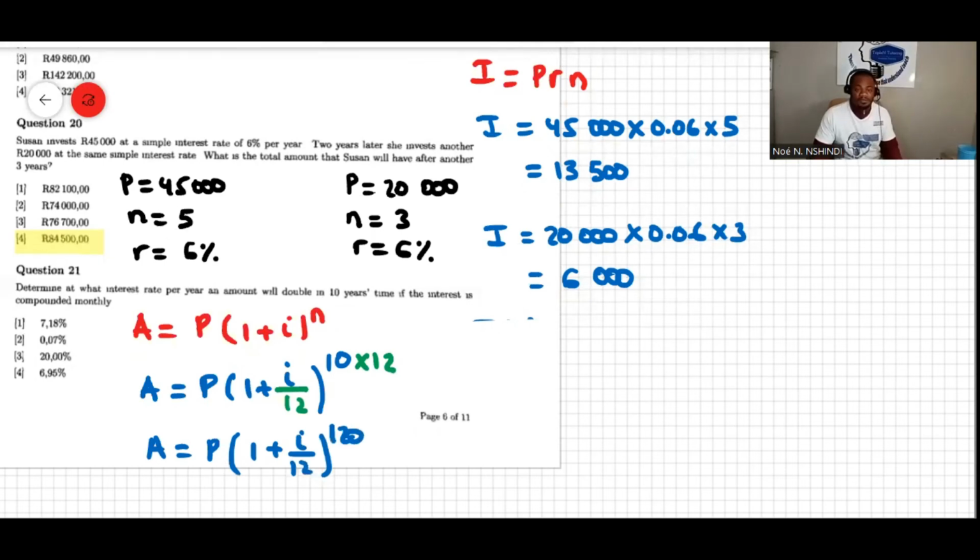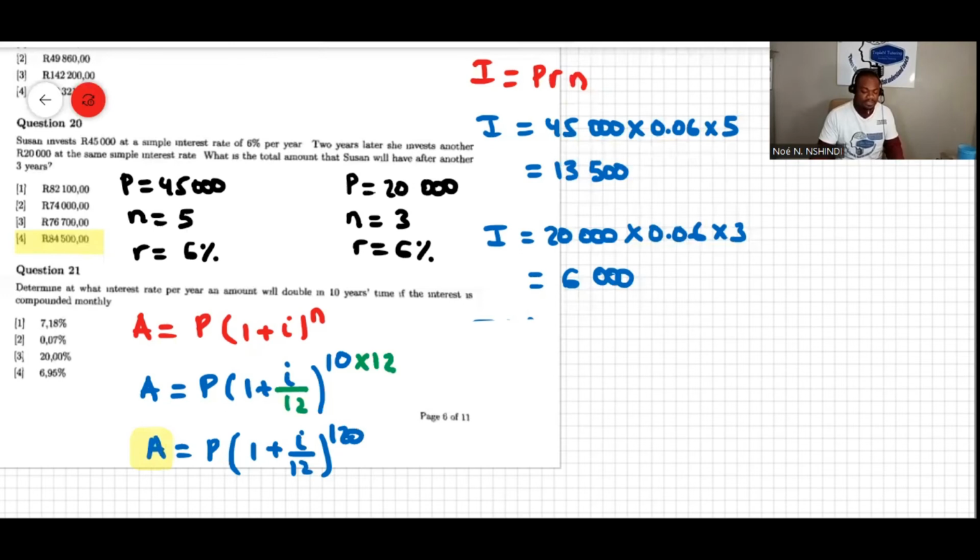Now, the question says determine what interest rate per year an amount will double in 10 years. So here the amount will double.